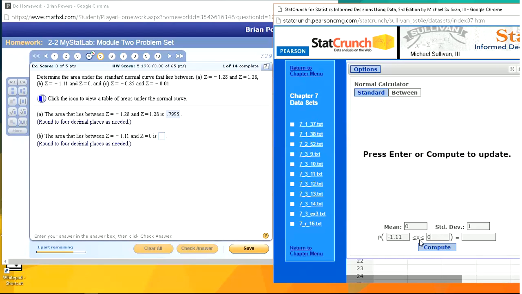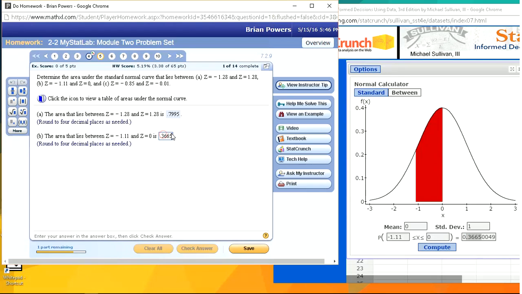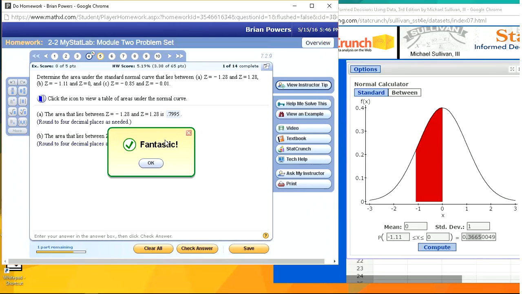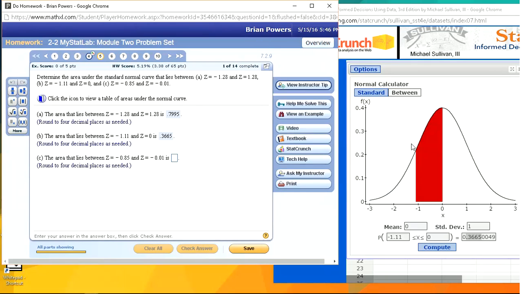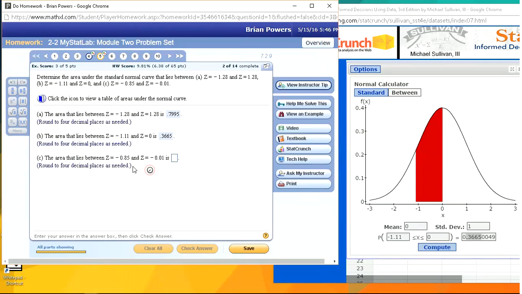So don't be confused that this is using general X, but because we've set the mean at 0 and the standard deviation at 1, they can call it whatever we want. We know it's a standard normal. Okay, so far so good. Very, very easy to do once you realize how to use the tool. I'll skip this last one again. This is pretty simple.